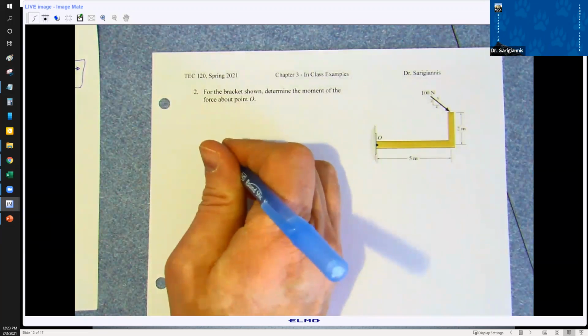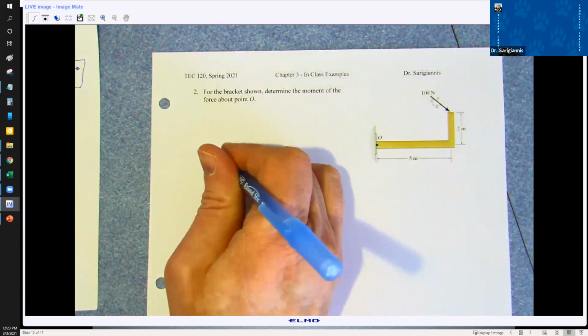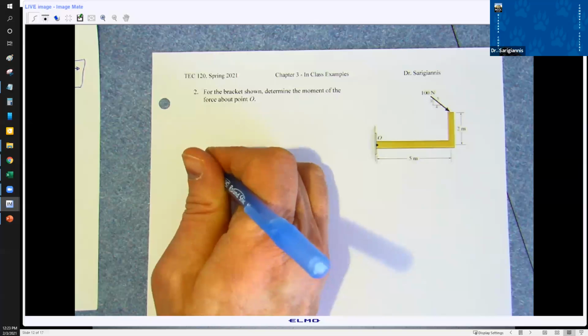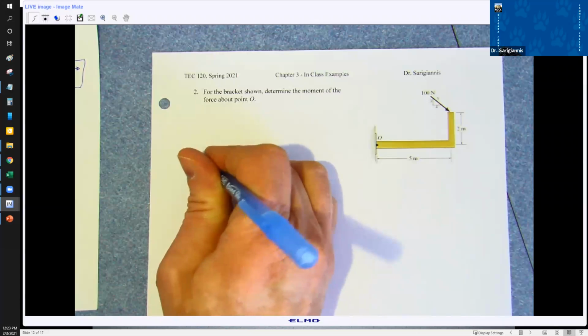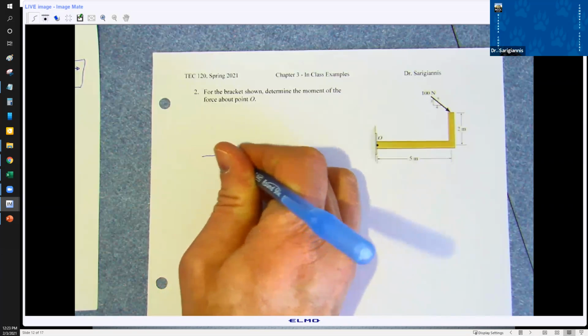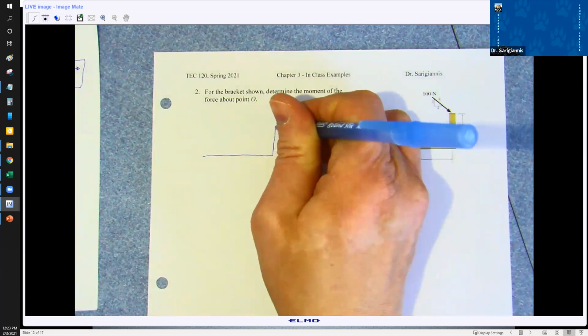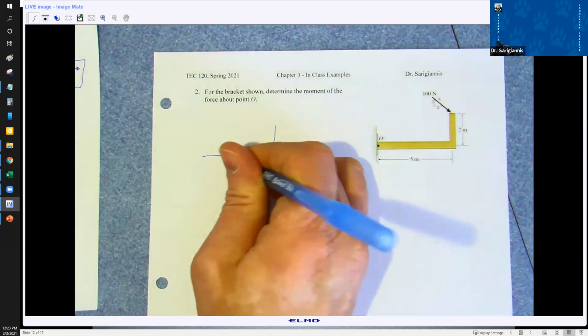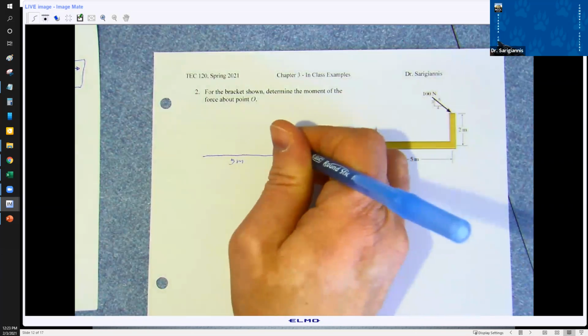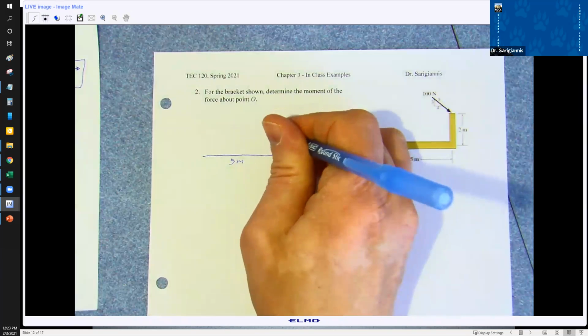Let me draw this over here. I'm just going to draw a stick figure. All right, so we've got 5 meters. Before I label anything here, I'm going to put in my other components.